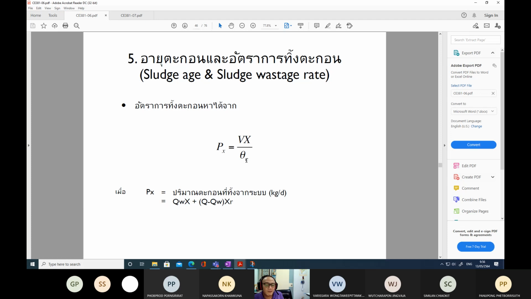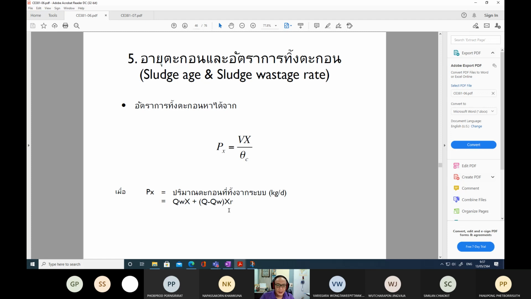The sludge produced from water treatment, from coagulation and flocculation, is basically inorganic sludge. But this one, we are talking about the biological process, and the sludge generated from the consumption of food. So this one is organic sludge. These are the major differences between the coagulated sludge from water treatment plants and the sludge obtained from the biological wastewater treatment plant.